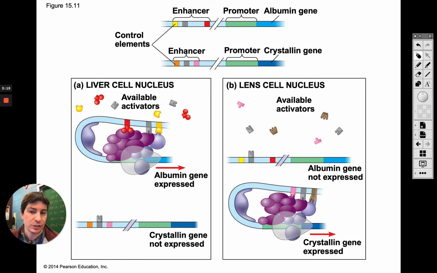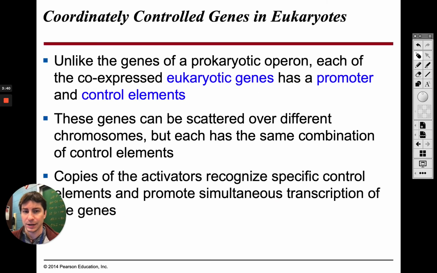Why use that energy to make crystallin when we're not going to use it? That's for the lens cell. So, moral of the story, guys, is every cell can make and express every gene if it wants to. But in a lot of cells, there's no reason to express those genes. So the activators are going to be different to make sure that the genes that it needs are the ones that are getting expressed.